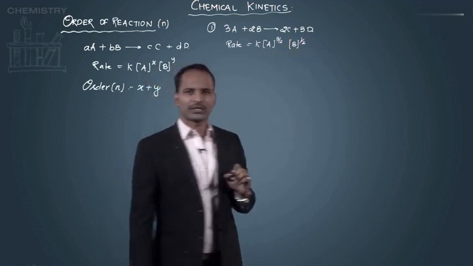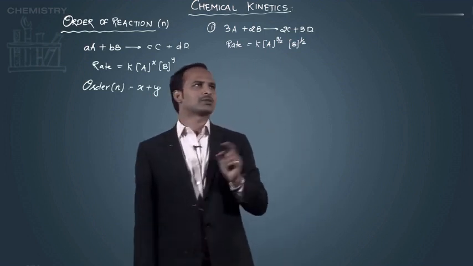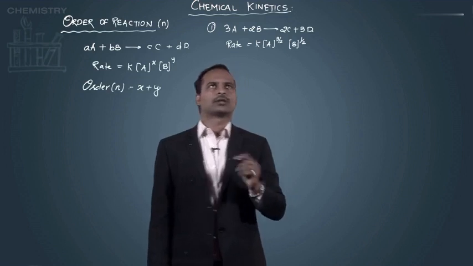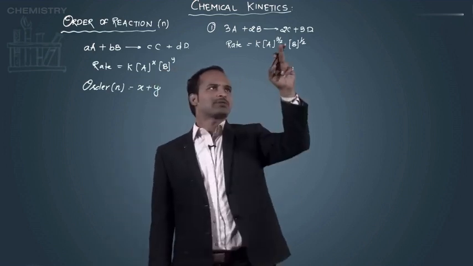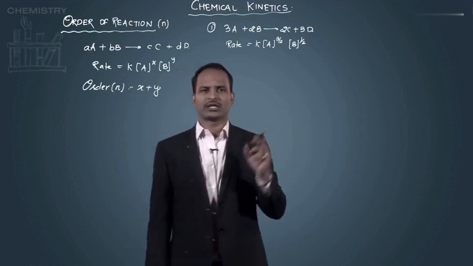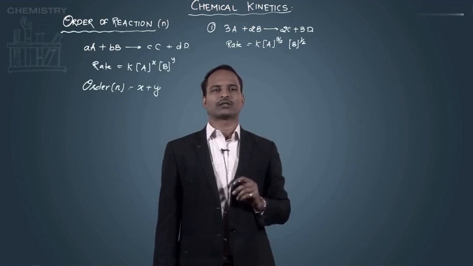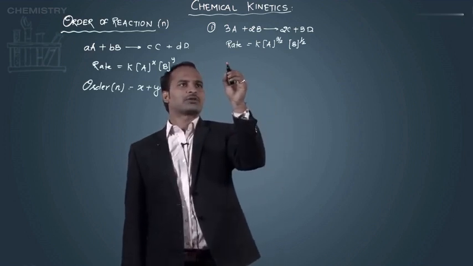The question can be asked: what will be the order of this reaction? Since the rate law is given, we have the powers also, that means the X value is 3 by 2 and Y value is 1 by 2. So we simply have to calculate the sum of these two powers, which will give us the order of reaction.